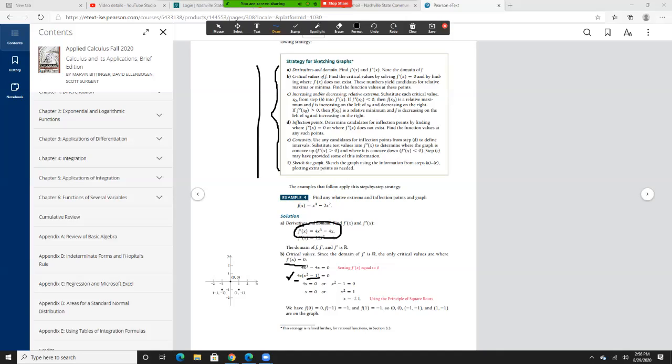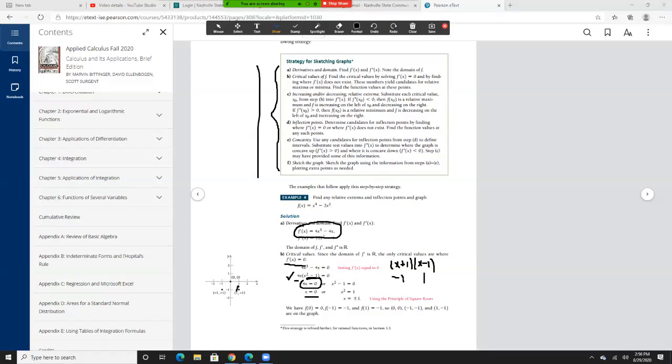It will factor to be x plus 1 times x minus 1. And that means for 4x to equal 0, x would have to be 0. And for x squared minus 1 to equal 0, x would have to be either negative 1 or 1. So we have found 3 critical values.